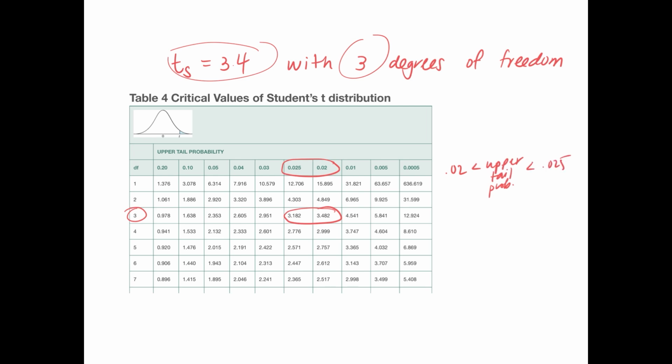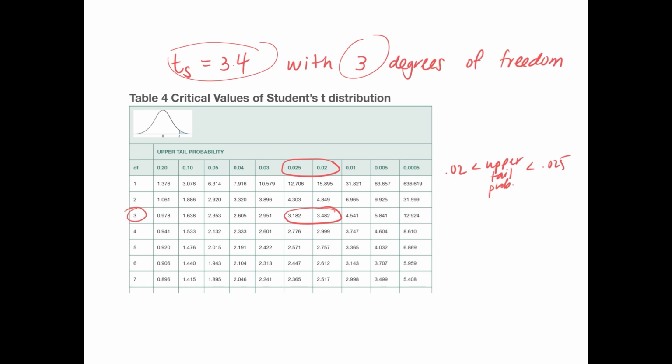Now, this isn't yet a p-value necessarily, because we need to think about whether we're considering both tails of the distribution or just one tail. If it is a non-directional t-test, then we need to take the quantities on the two sides of this interval and multiply by 2, because the table only shows us the probability for the upper tail. If we want to include both tails, as we need to do in a non-directional test, then we multiply by 2.